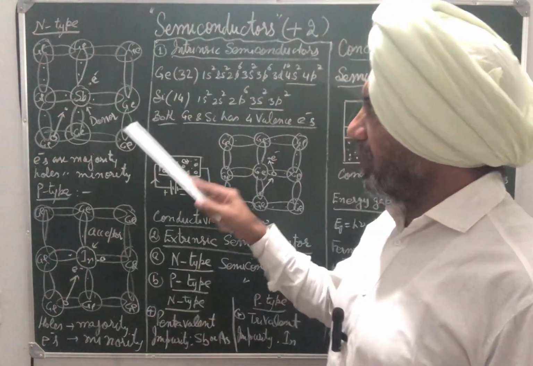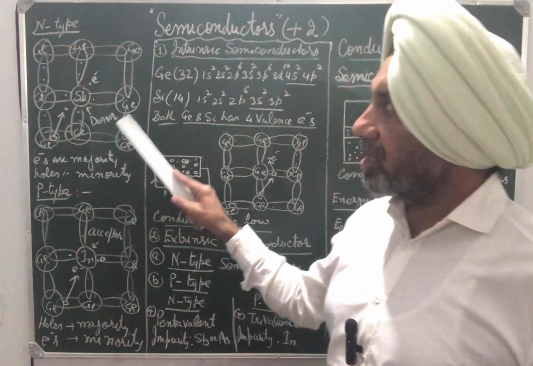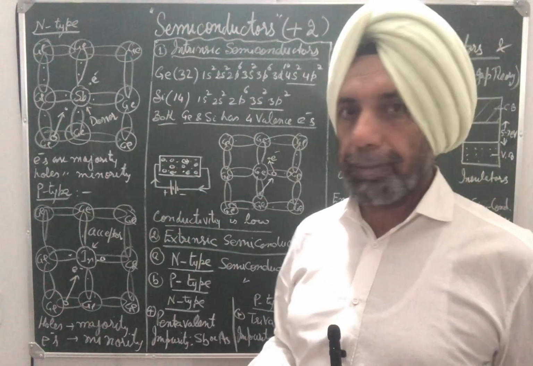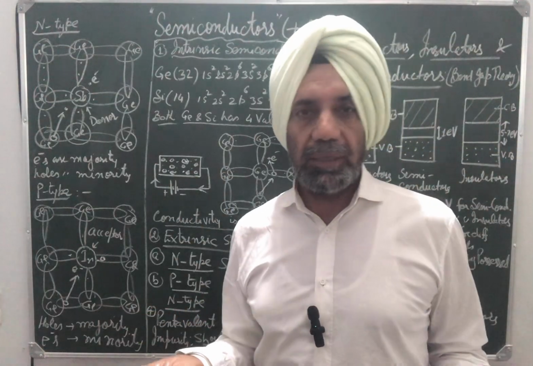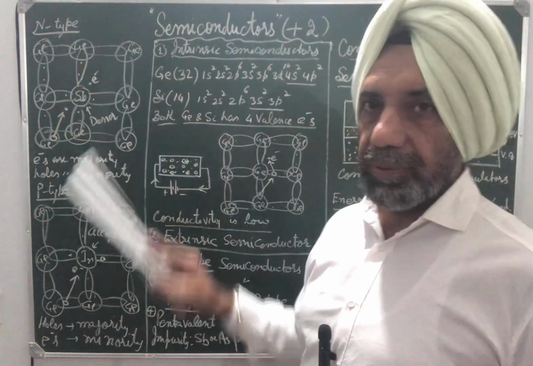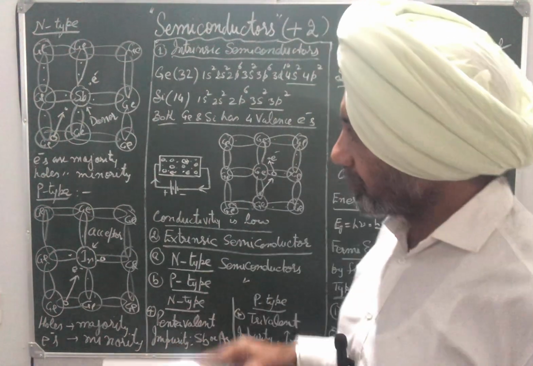It's also called a negative semiconductor, but it is not charged, it just increases the concentration of electrons, because we are adding antimony atoms, which are neutral. So N-type or P-type semiconductors are not charged, they are neutral.